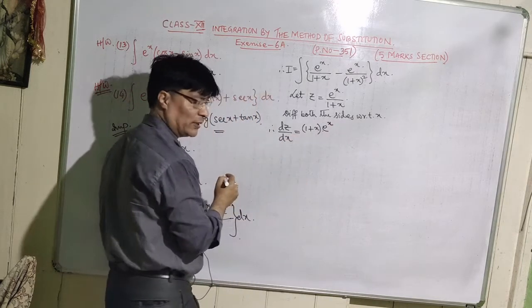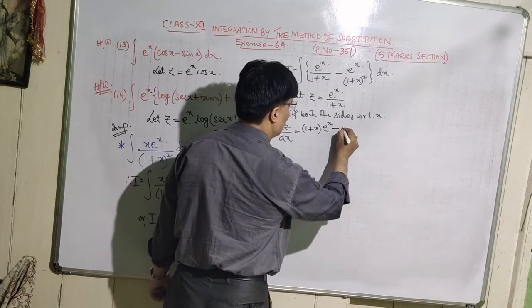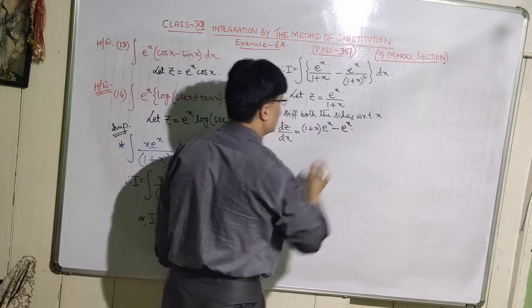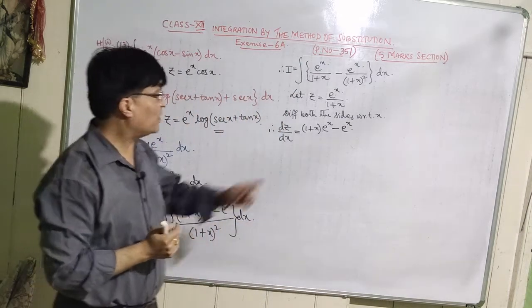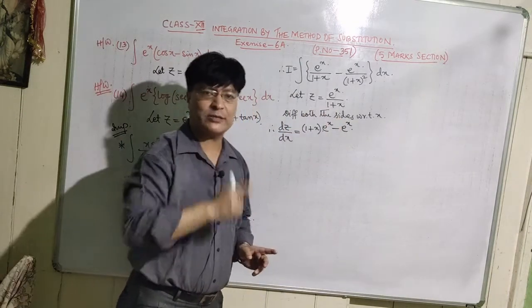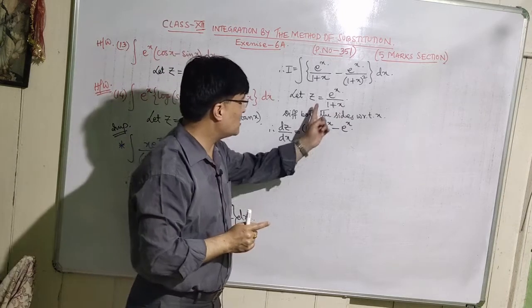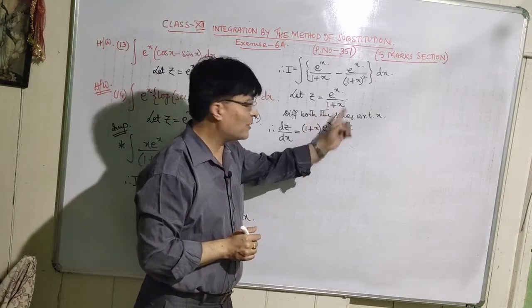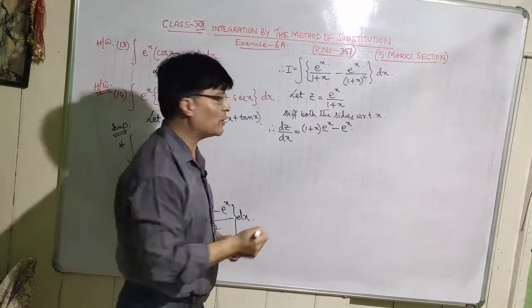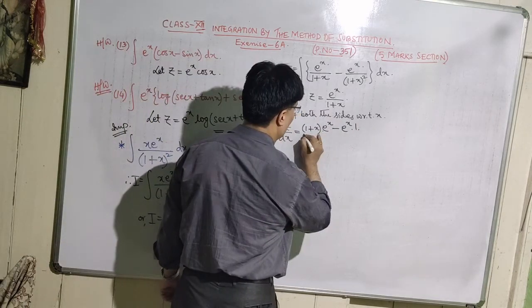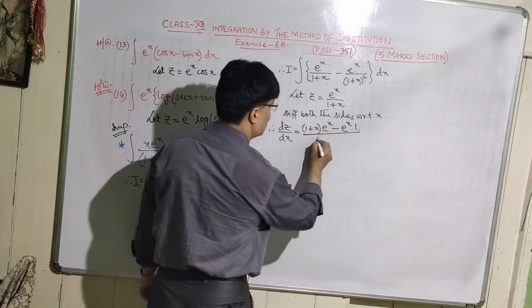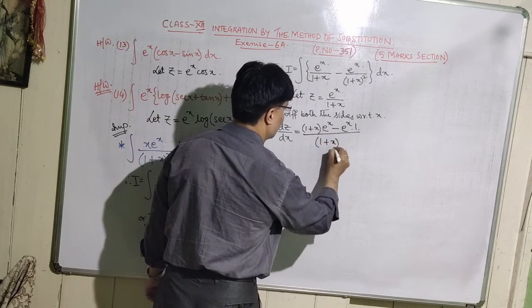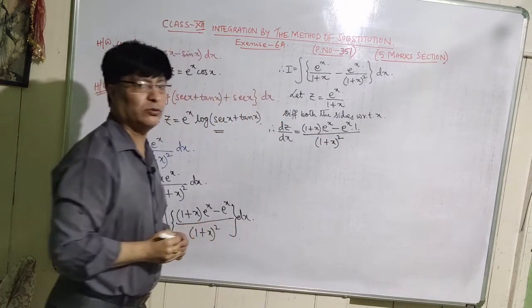It is e to the power x. Minus, now numerator is kept as it is, into, now differentiate this denominator with respect to x. That is, differentiate 1 plus x with respect to x. For 1 it is 0 and plus x it is 1. So 0 plus 1 is 1. So 1 whole divided by, this is denominator whole square.